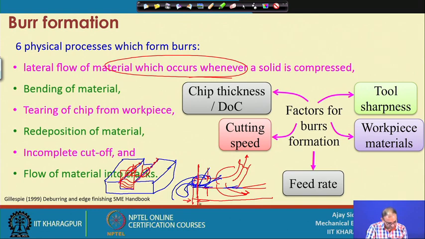So this is the problem at this location. Then, flow of material into the crack. Whenever you are machining a brittle material, the crack is propagated and some material also flows into the crack, and that becomes part of the burrs. So these are the different physical processes by which you get burr formation in the machining operation.